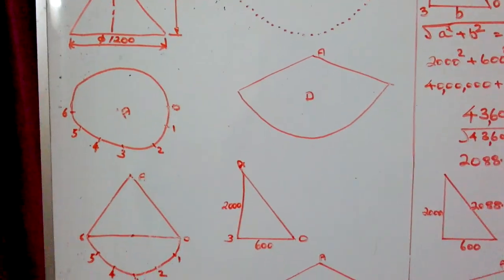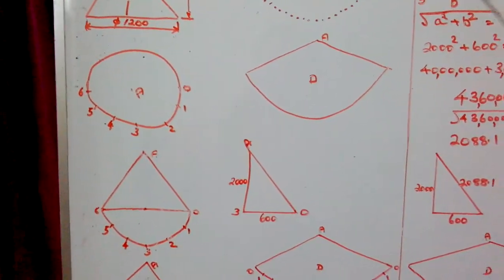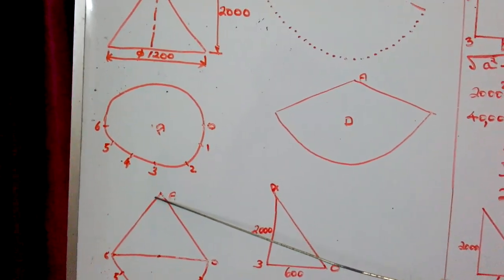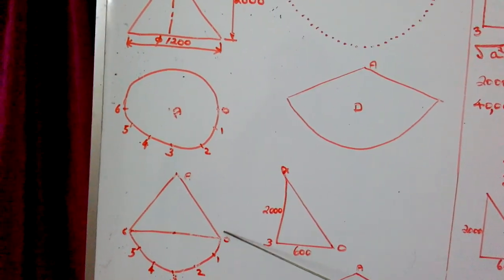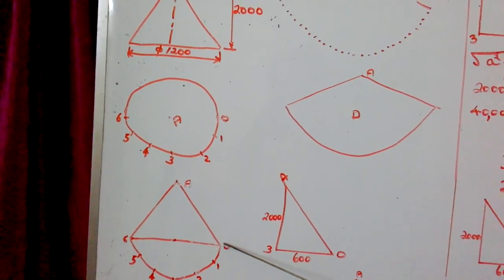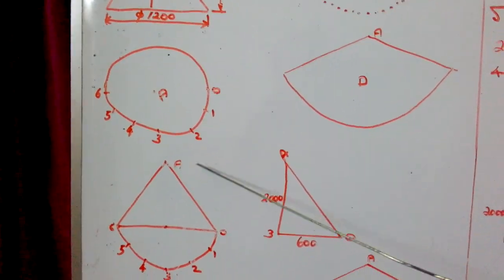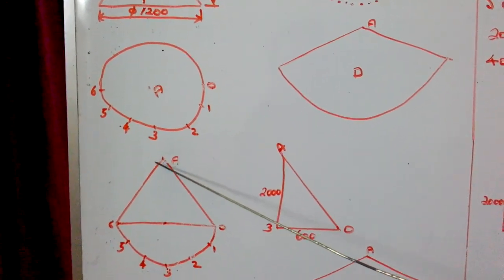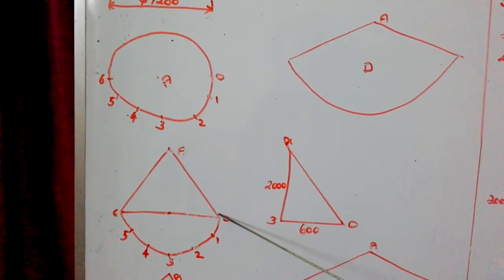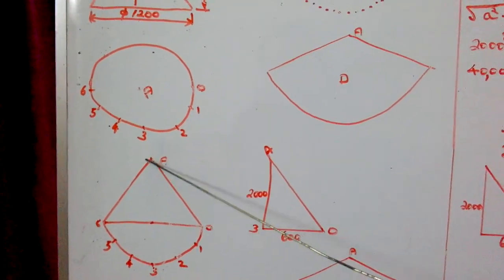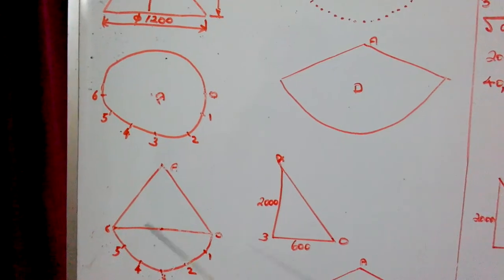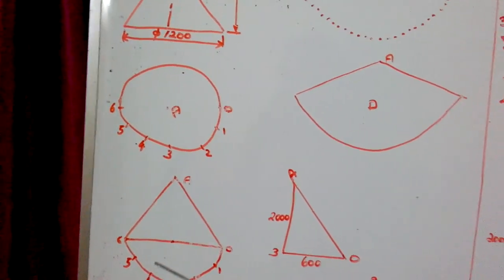If we start to mark, we can recognize its height from here to here will be the same. If it is A to 0, whatever measurement comes A to 0 will be the same as A to 6 also. It is its elevation.